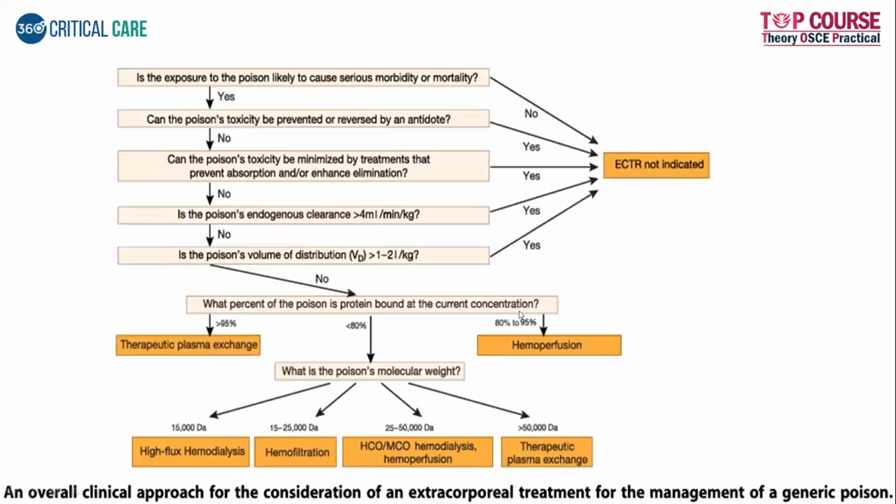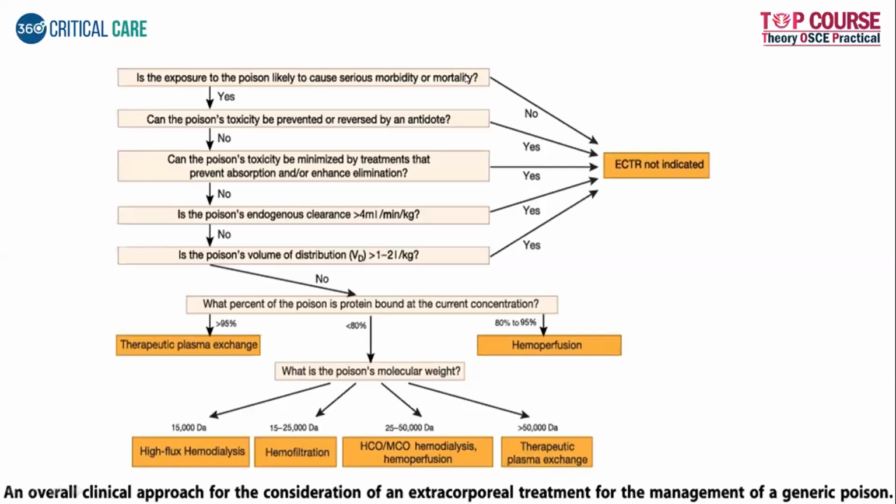So this is how you approach. If you think of any patient to subject to extracorporeal removal of toxin, then you need to answer all these questions and then fix upon what type of modality to use. First, is the exposure to poison likely to cause any serious morbidity or mortality?